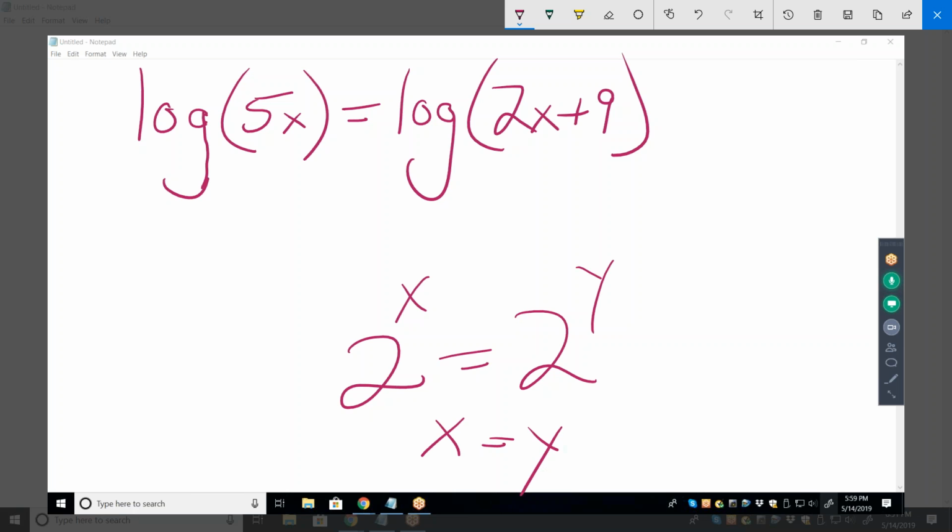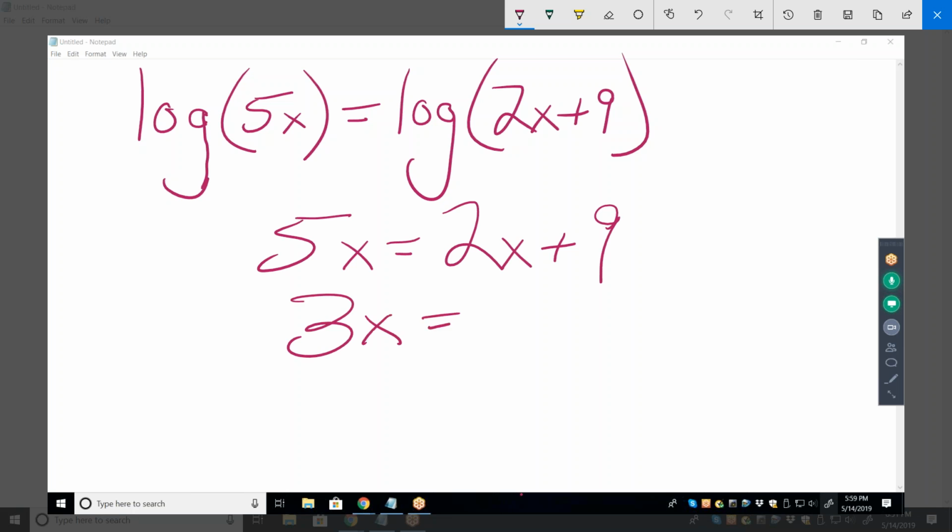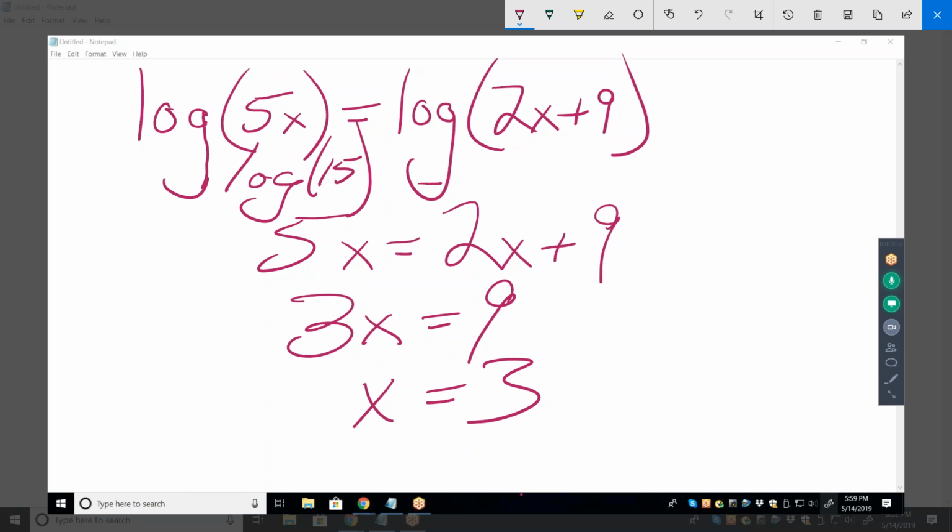Here we have log base 10 of 5x equals log base 10 of (2x plus 9). So that allows me to make this statement: 5x = 2x + 9. If you solve that, you get 3x equals 9, x equals 3. And if I put x equals 3, then I get the log of 15, which is a number, equals the log of 15.